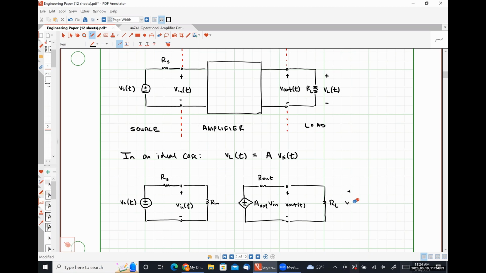Sorry, this should be VL of T. Actually, let me move this RL to this side just so I can move this voltage a little closer.